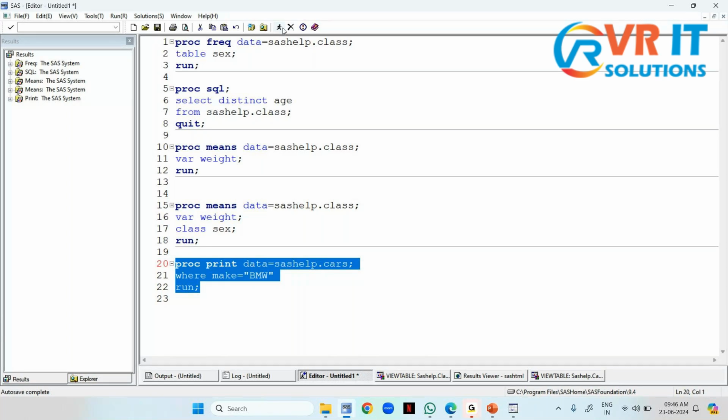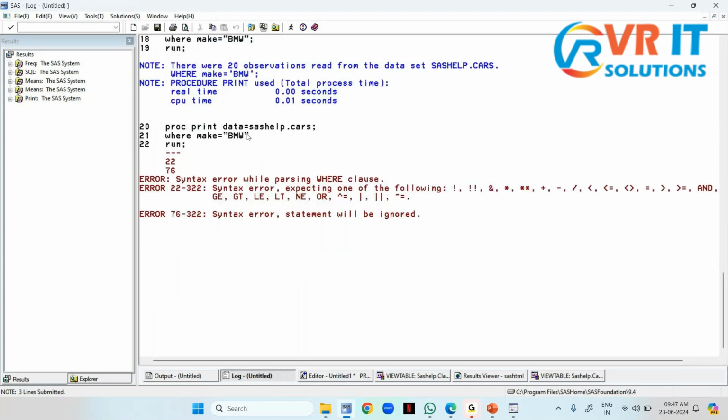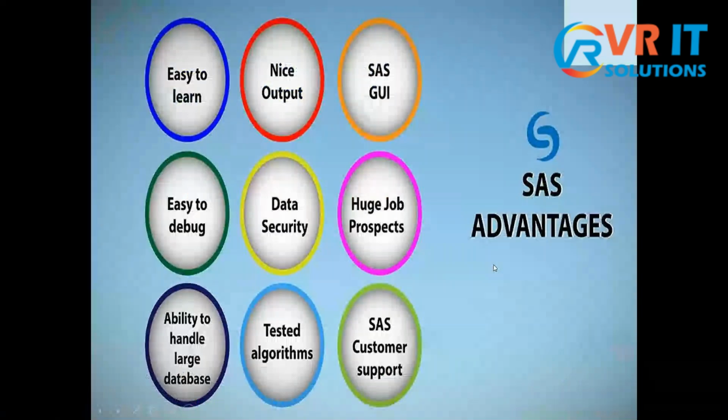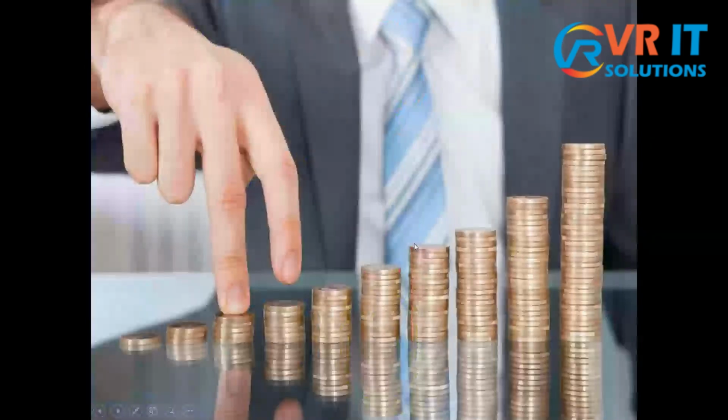There is another window called log, which will directly tell us where we have committed that mistake. So it is very easy to understand and debug, or know where we committed the mistake. All the algorithms, all the procedures are tested, and that is the advantage for us.